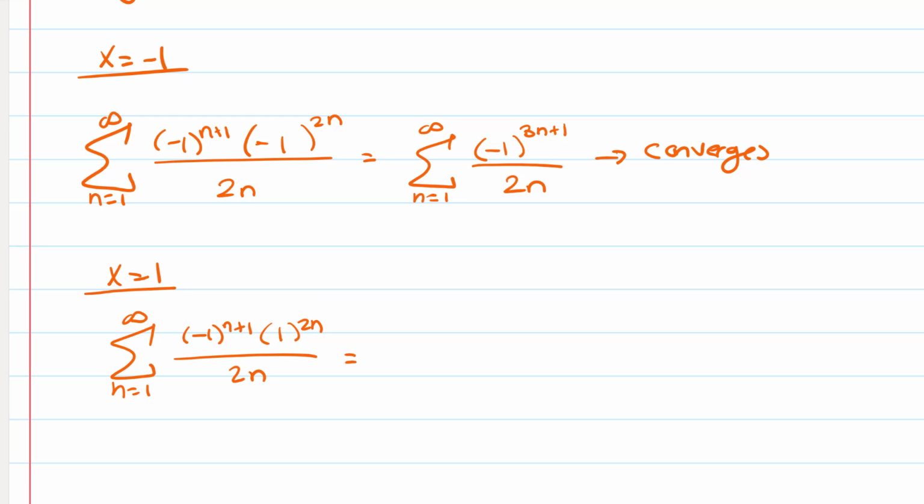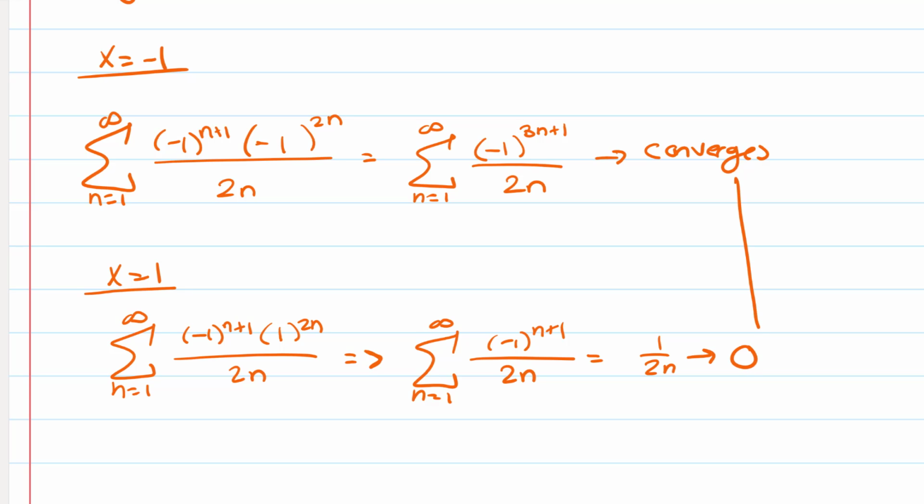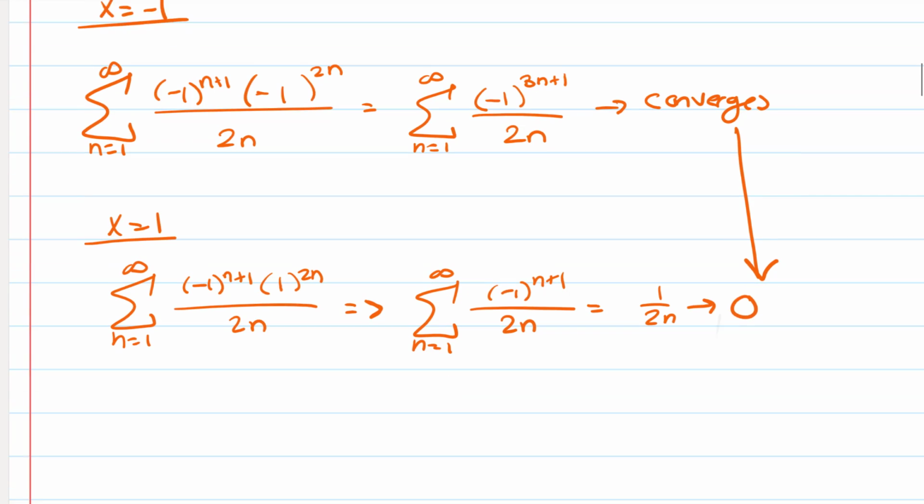Because I'm going to use my alternating series test, I'm going to drop my negative 1 to the n plus 1 anyway. So this series can be rewritten as n equals 1 to infinity of 1 over 2n, and as you let the limit go to infinity, you get 0, so therefore that converges as well. So both endpoints converge.